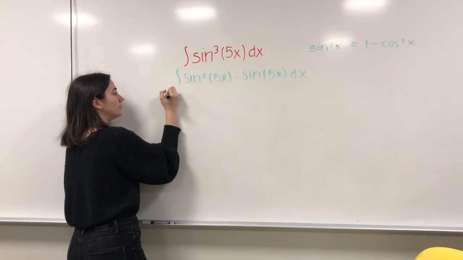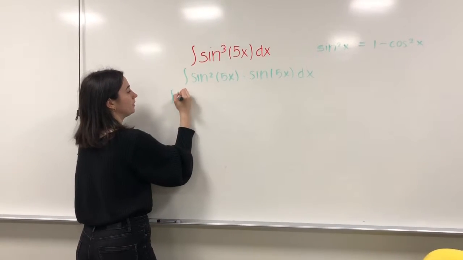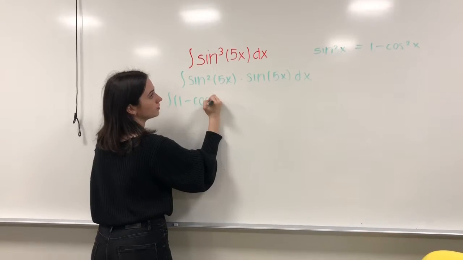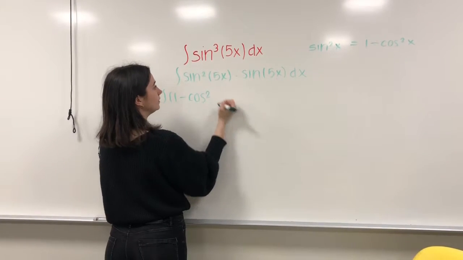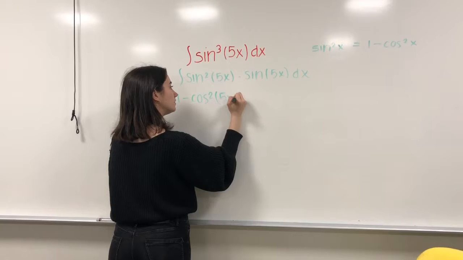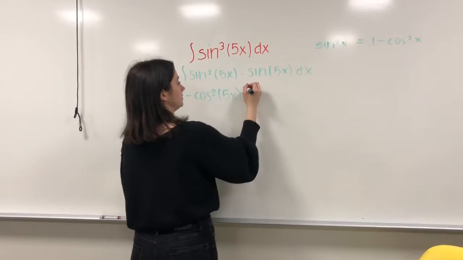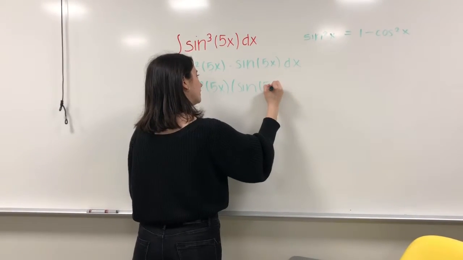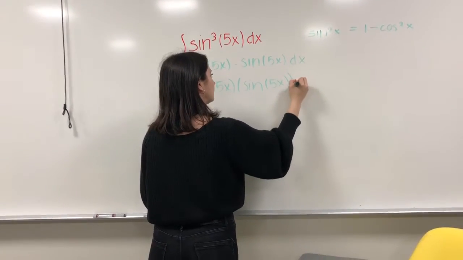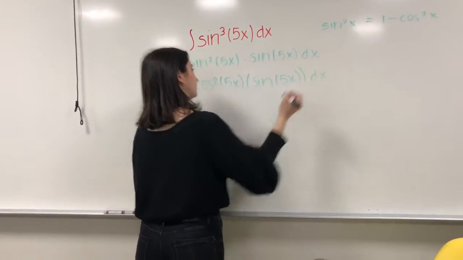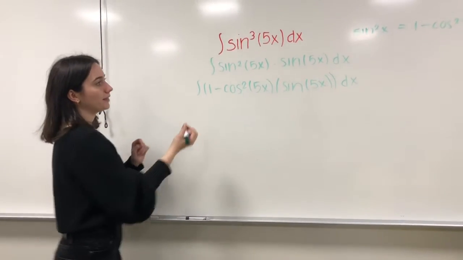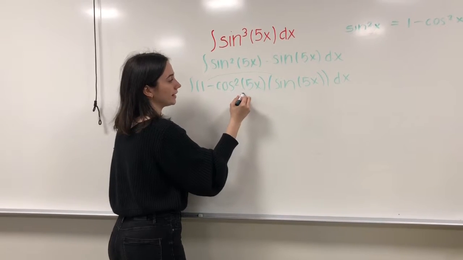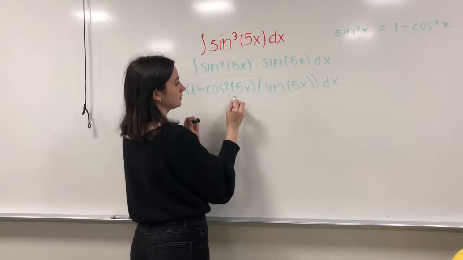So we change it and we have 1 minus cos squared of 5x times sin of 5x dx. Then we have to multiply 1 times sin and then negative cos squared 5x times sin.